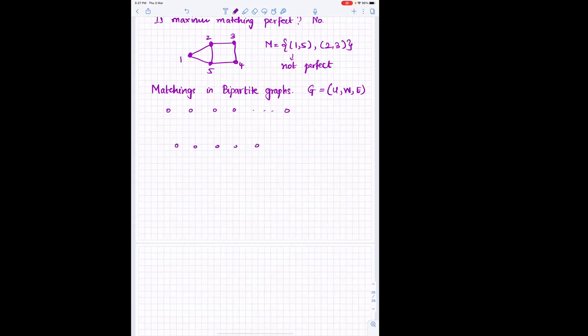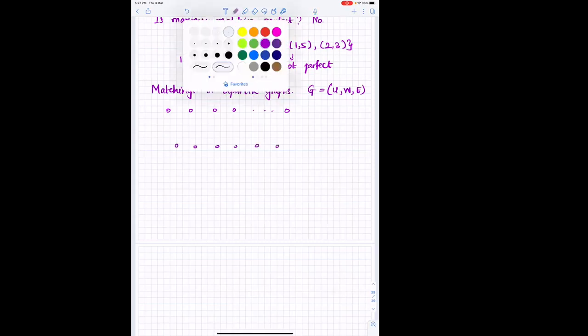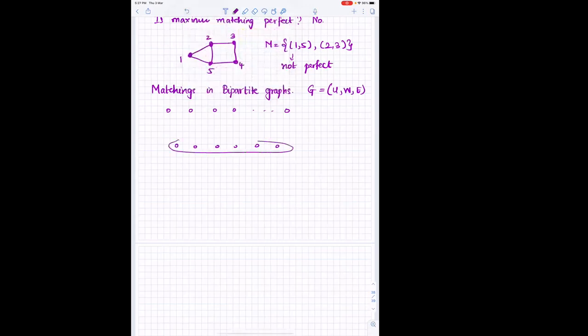And then there is another partition. And then there are edges. Now the question is, by looking at this bipartite graph, can you decide whether it has a perfect matching or not? That's the question we want to ask.